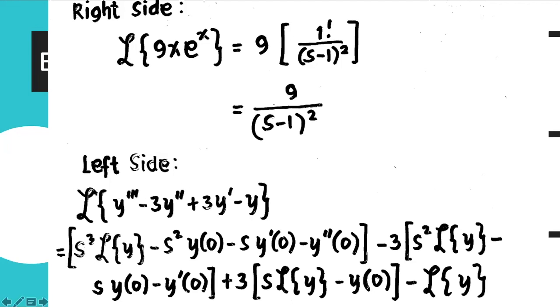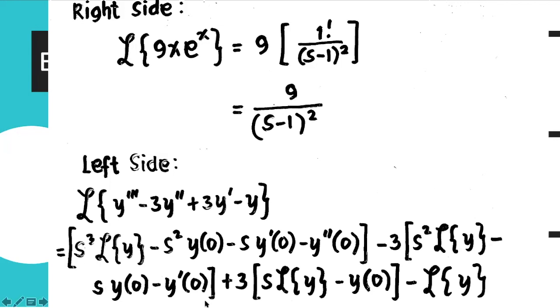Okay, the same with the second term. So get the Laplace of minus 3y double prime. Again, it's the Laplace of a derivative. So it's minus 3, so you put the negative 3 in front of the Laplace symbol. So minus 3 times the Laplace of y double prime, and that is equivalent to s squared Laplace of y minus s times y of 0 minus y prime of 0.